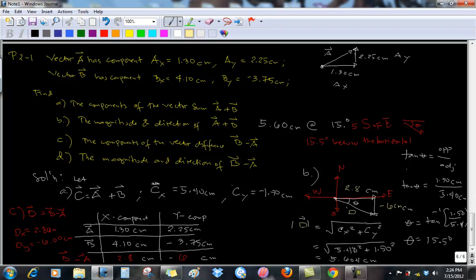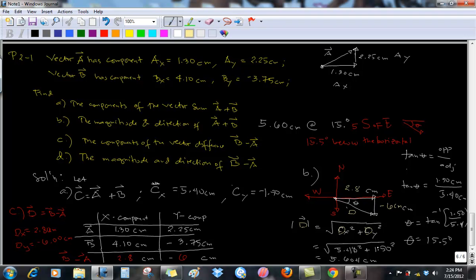Then, instead of cx, we use dx squared. Our variable is not c but d. Then we just replace it with the values. So, we do the same for letter d as for letter c. Instead of 5.4, we replace it with 2.8. Notice the negative is gone: with or without the negative, when you square it, the negative cancels out. So it's not important. The 1.50 was supposed to be negative, but negative 1.50 squared is positive.